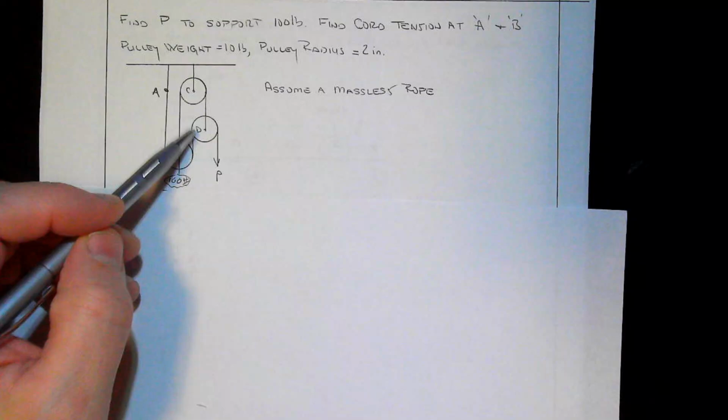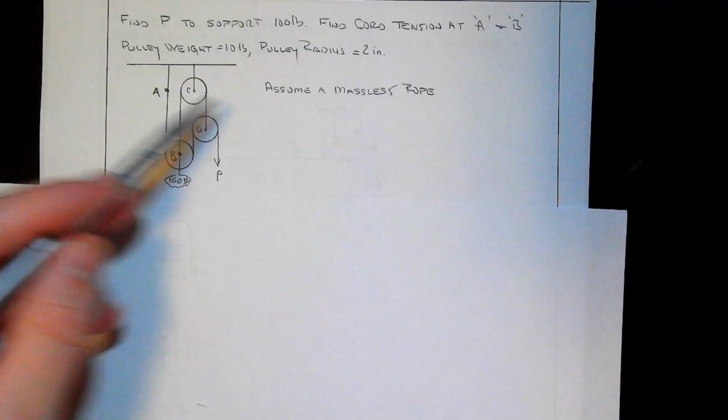All right, welcome. We're going to start the second part of Chapter 6, which is called Frames and Machines. The first problem we're going to look at involves simple machines, pulleys. Just note that for the most part, what differentiates Chapter 6 from Chapter 5 is that the problems here tend to be a little more sophisticated.